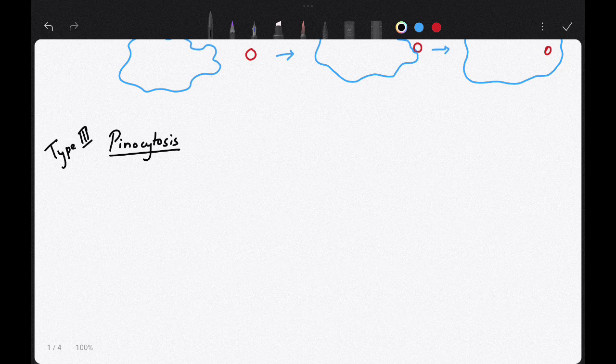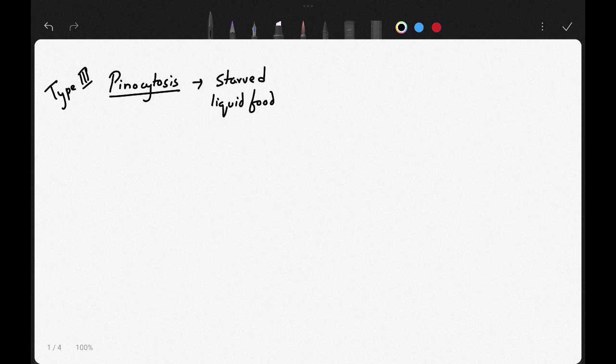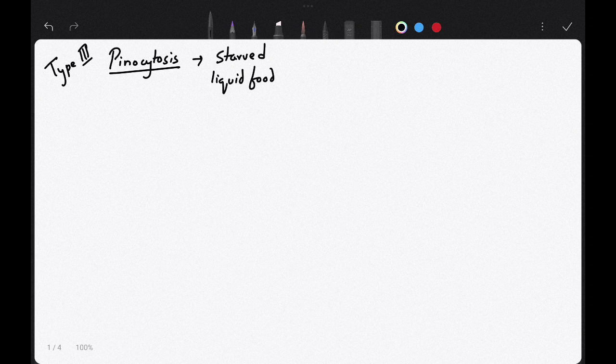This process is known as pinocytosis. We will study pinocytosis in the next class, where I will discuss the different modes of nutrition in amoeba in detail.